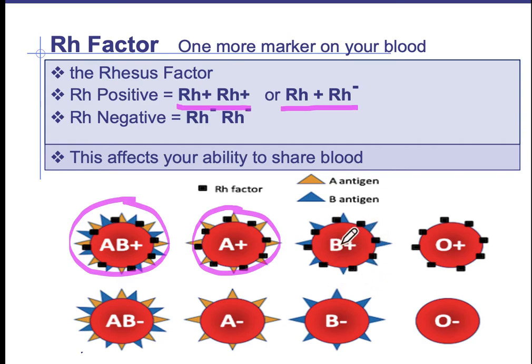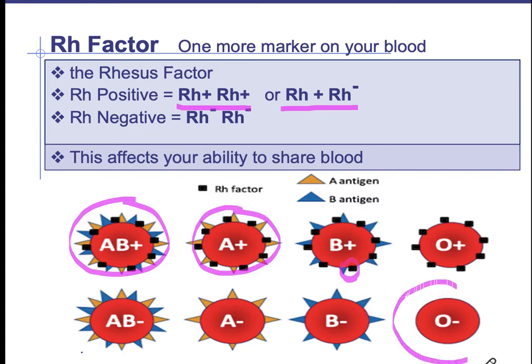But if you are B positive and you try to give your blood to this B negative person, that Rh factor is going to cause an antibody reaction, and you will cause clotting and death. So you have to be careful with the Rh factor as well as the A and the B factors.